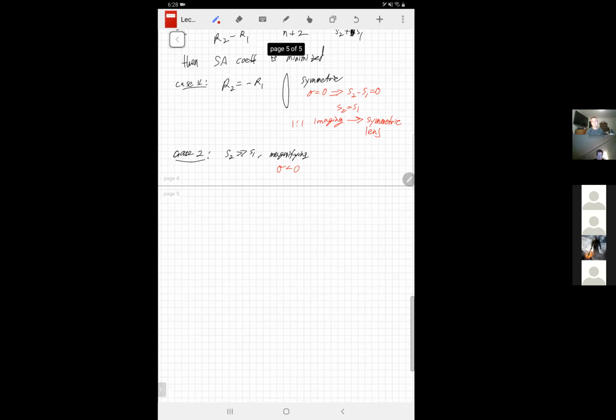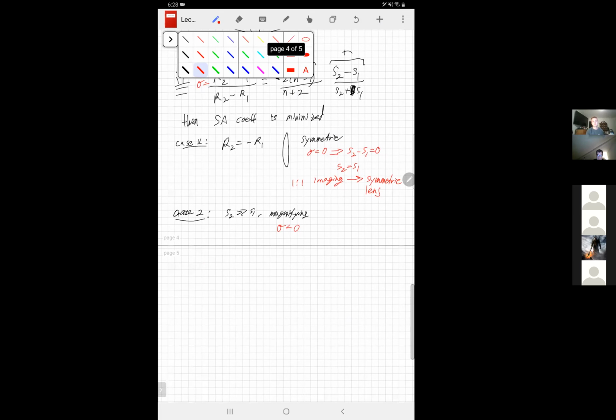Now let's think about the lens shape that we're going to have. We're going to have an object here, an image here, and the lens is going to be somewhere there.